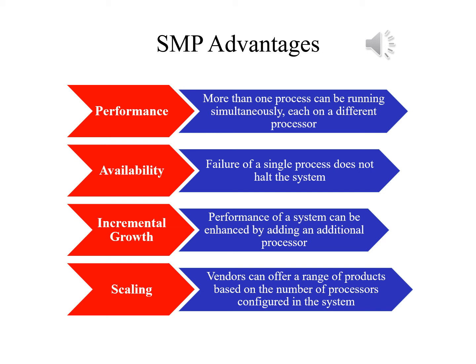Vendors can offer a range of products with different price and performance characteristics based on the number of processors configured in the system. It is important to note that these are potential rather than guaranteed benefits. The operating system must provide tools and functions to exploit the parallelism in an SMP system.